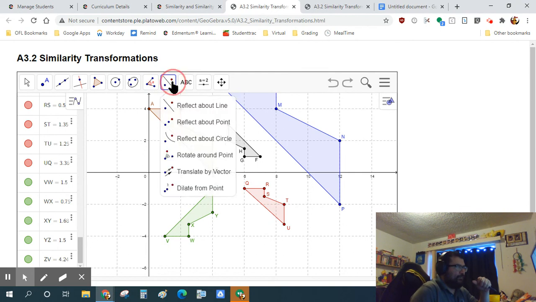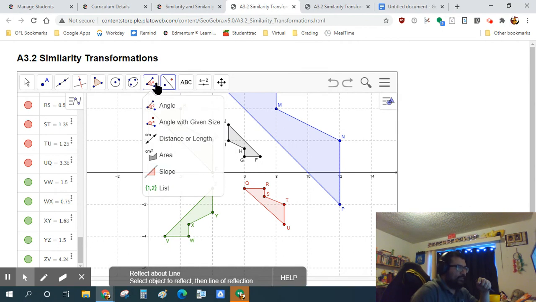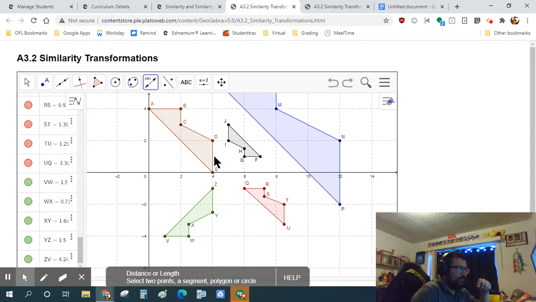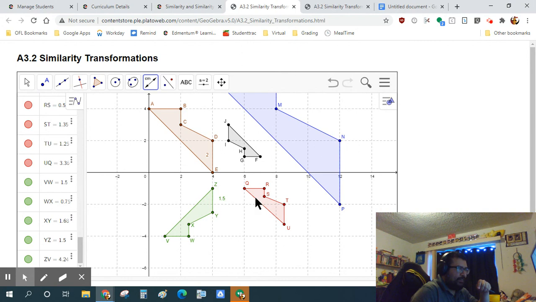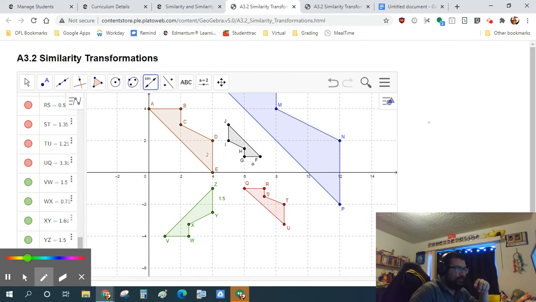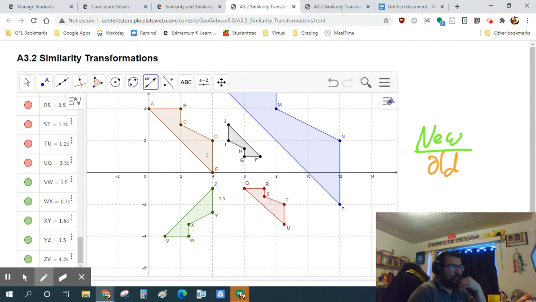So let's find the scale of this. I'm going to measure the distance of this and this. So it looks like my new, and always remember your scale factor is always new divided by old. And my old was this.